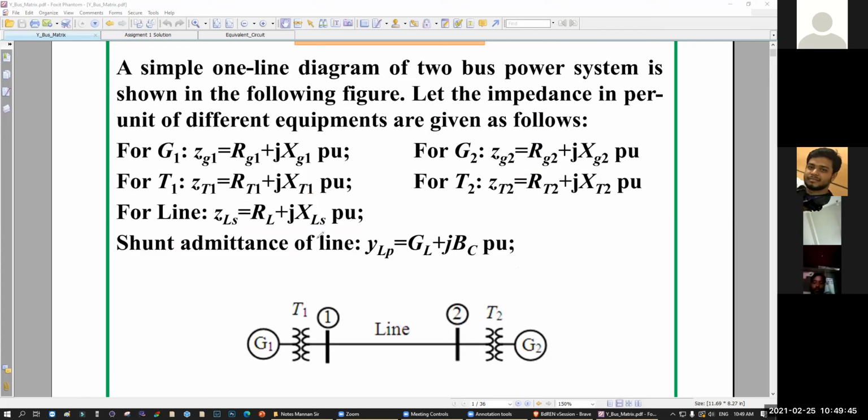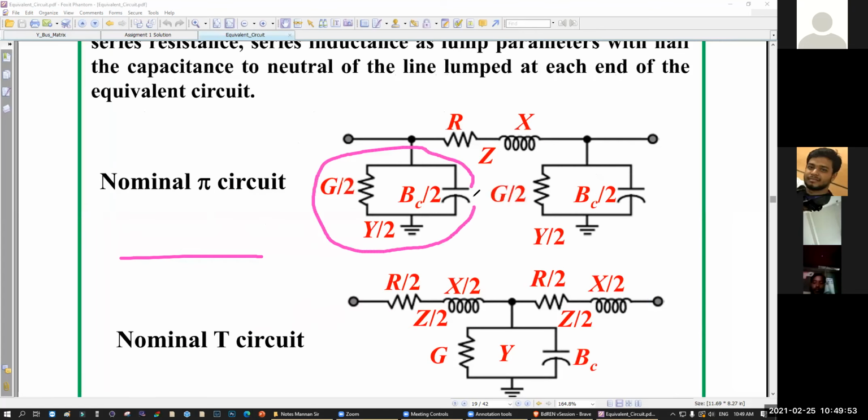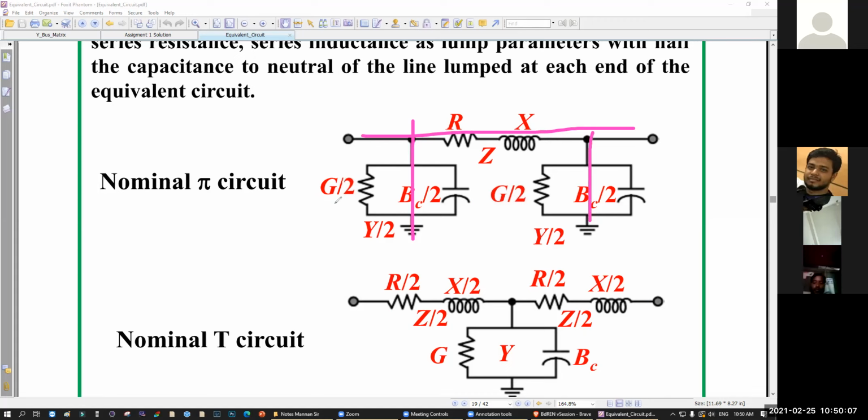But what is shunt admittance? Shunt admittance is this one. If you use the pi model, meaning this model, your shunt admittance will be half each.